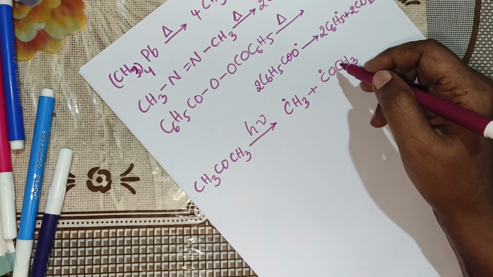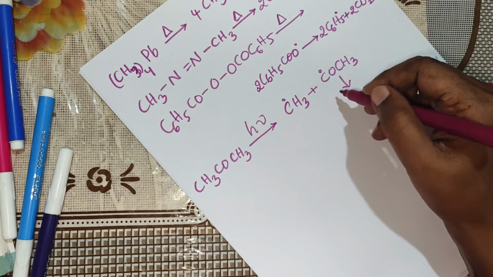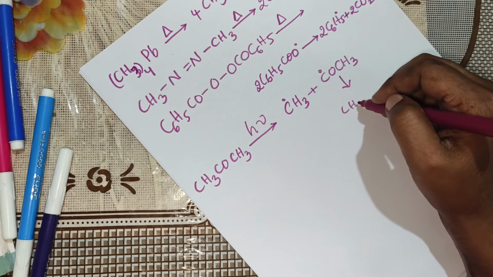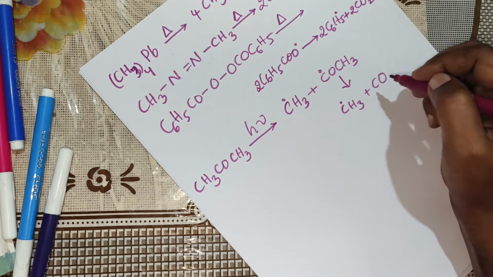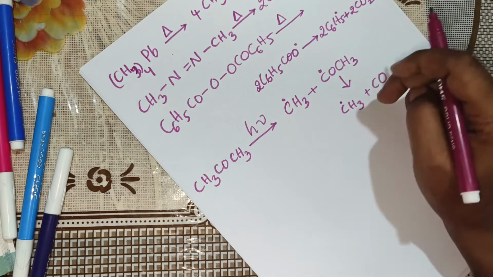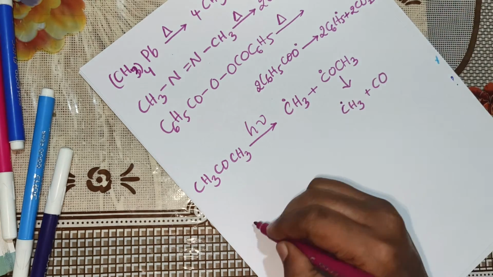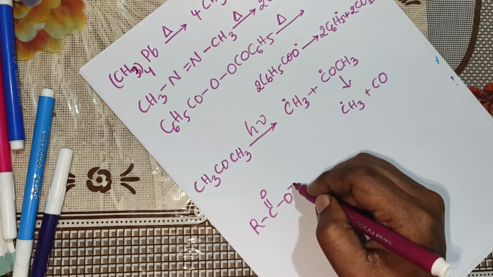The free radicals will be generated in this manner. Finally it gives CH3 free radical plus CO, carbon monoxide, which will be removed, we can say here.